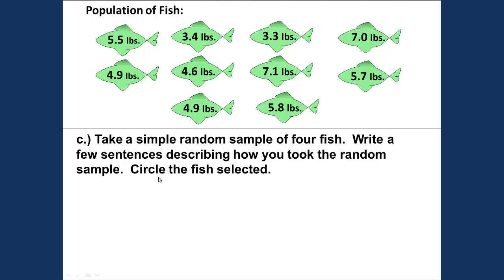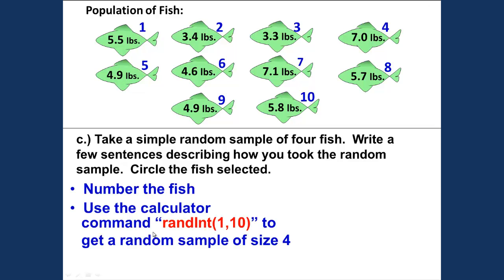Part C. Take a simple random sample of 4 fish and then write a few sentences describing how you took the random sample. Circle the fish selected. Well, the first step would be to number the fish. As the PowerPoint does that for us, and the order in which you numbered them would not matter. We simply must number the fish. Then we're going to use the calculator command random integer, and in this case our numbers are from 1 to 10.